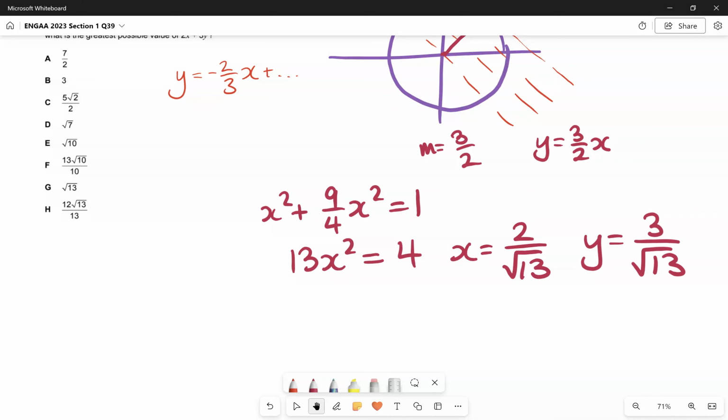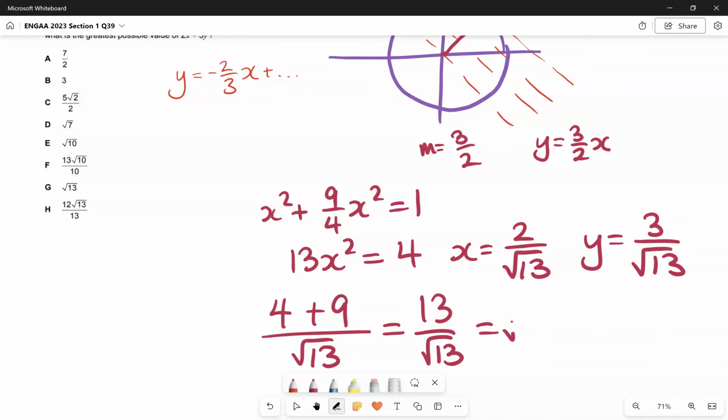So we've got 2 times 2 is 4, 3 times 3 is 9. We have 4 plus 9 over root 13 using the 2x plus 3y expression. This gives us 13 over root 13, which is just root 13. So the answer is G.